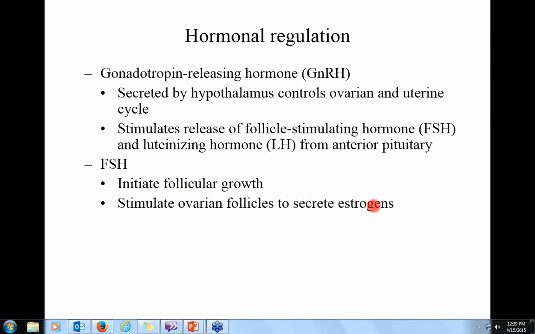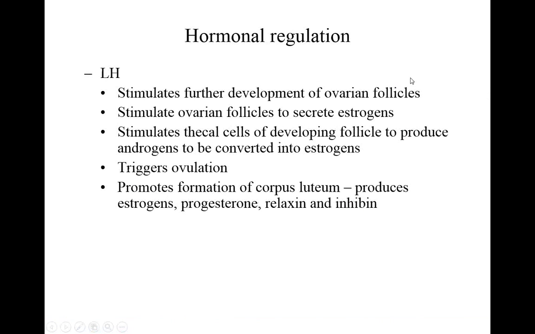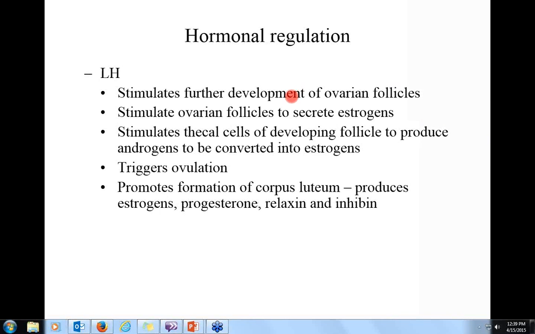Estrogen is the primary female hormone. Luteinizing hormone also stimulates the follicles to secrete estrogens. It also triggers ovulation and promotes the formation of the corpus luteum. This is the byproduct of ovulation. And the corpus luteum is going to produce hormones such as estrogen, progesterone, the other important female hormone, relaxin, and inhibin. We'll discuss relaxin in a moment.